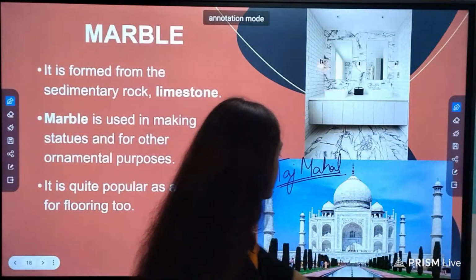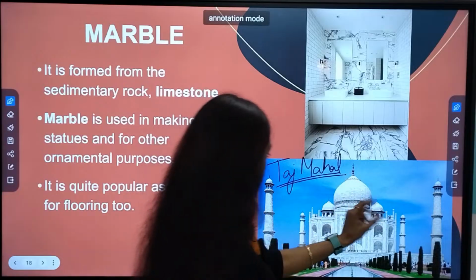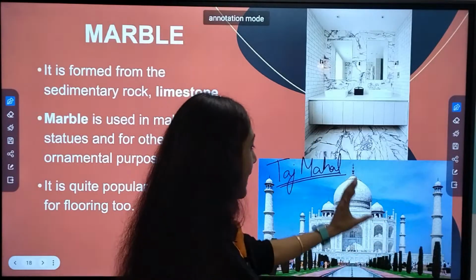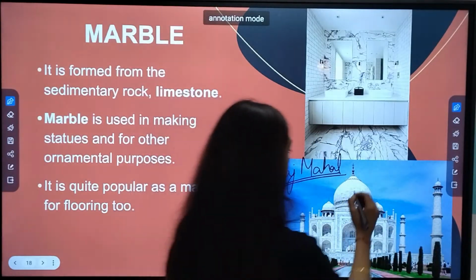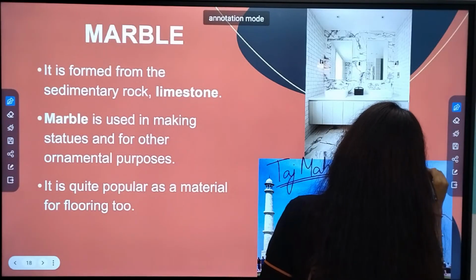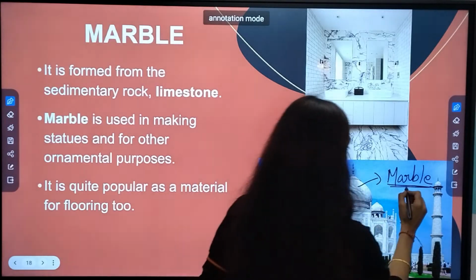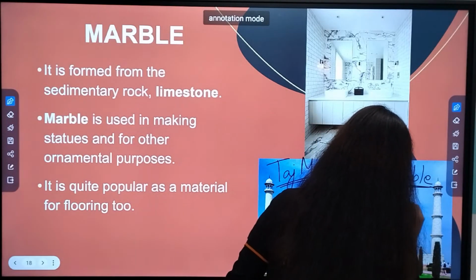This full palace is basically a tomb and it is fully made up of marble. And just now from the example, you have known that marble is nothing but metamorphic rock.